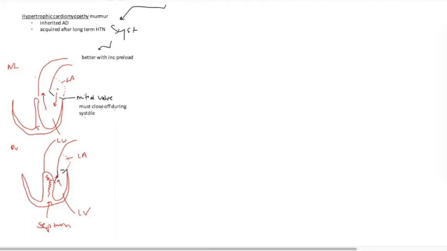So anterior motion of mitral valve blocks off the aorta. Blocks off blood flow from LV into aorta. Okay, that's what's happening. That's the pathology right here.